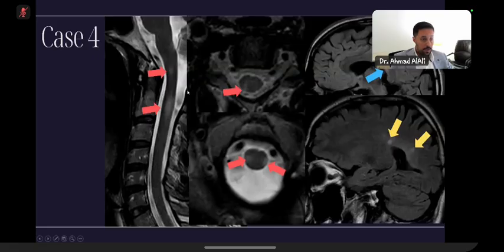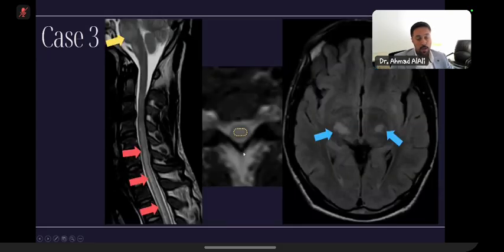Compared to your case, candidate 2, there are smaller lesions in the cervical cord. They are very subtle on axial T2 images. They involve less than a third to two-thirds of the cross-sectional area. They are more peripheral compared to the previous ones where they were central.